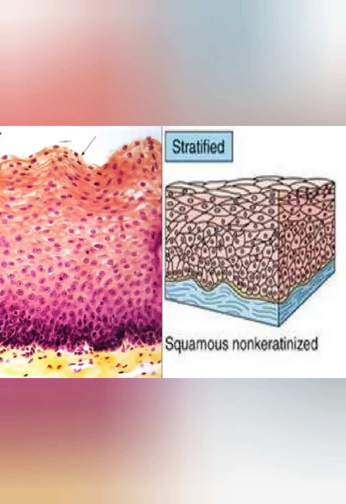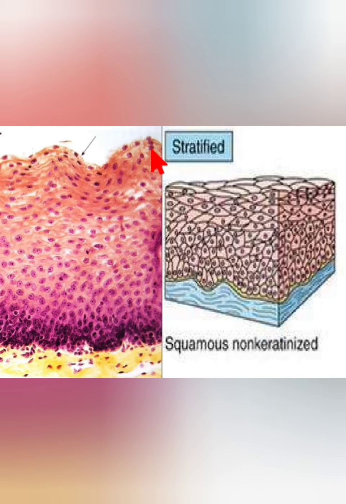And here you can see the non-keratinized stratified squamous epithelium. This is the superficial layer of non-keratinized stratified squamous epithelium. The uppermost layer consists of live nucleated cells, and there is no stratum corneum in the superficial layer.